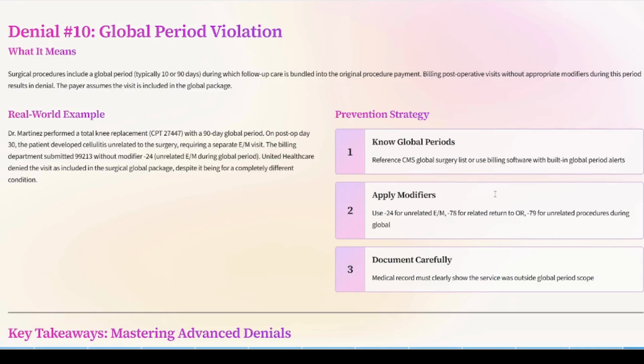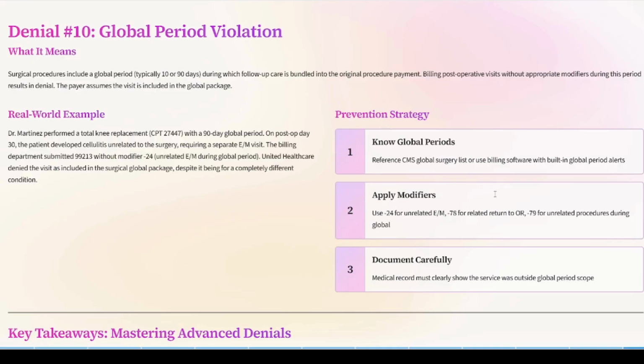So that goes back to the story that we're telling. If we did not add that modifier on there, they're going to assume that it was included in the package. Okay? So, know your global periods. This is how we can prevent this. Reference the CMS global surgery list and use billing software with built-in global period alerts. You want to apply the correct modifier.